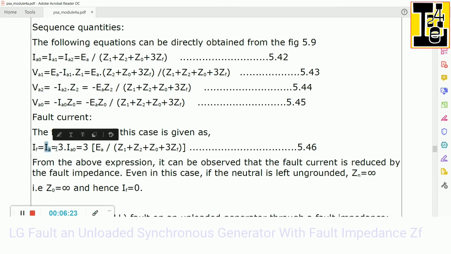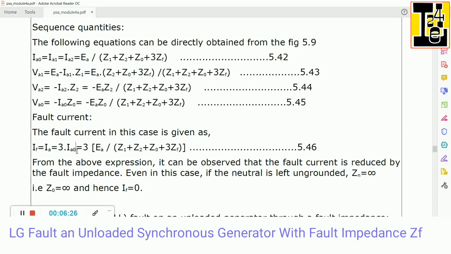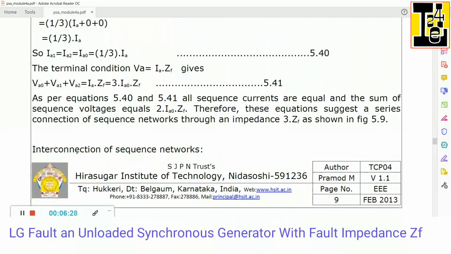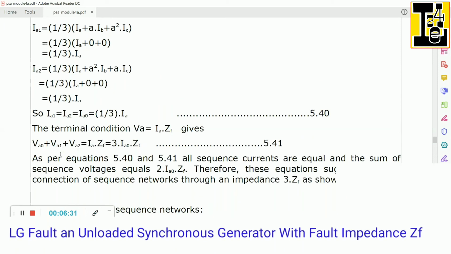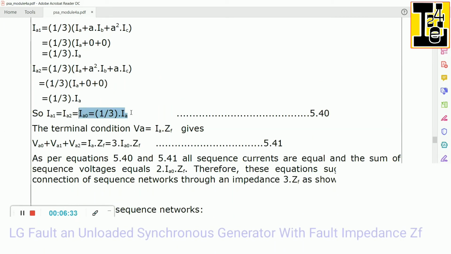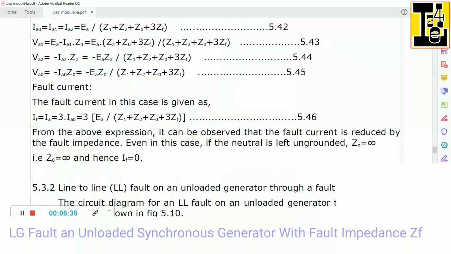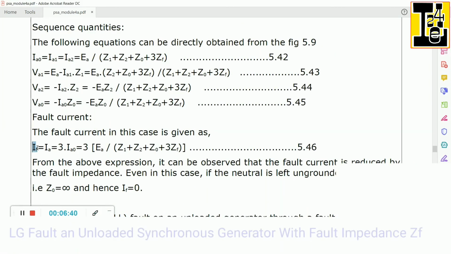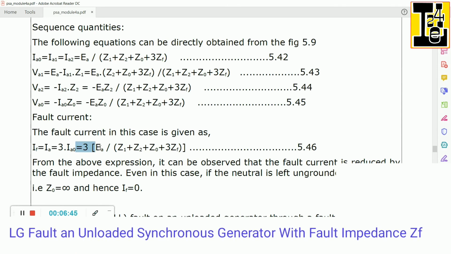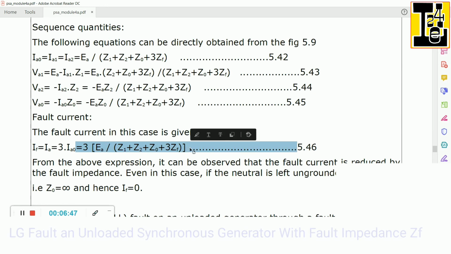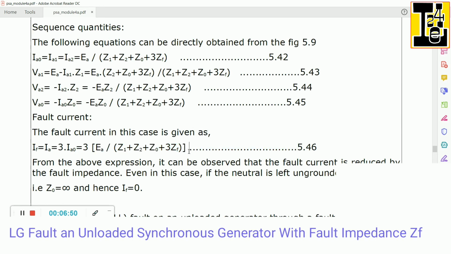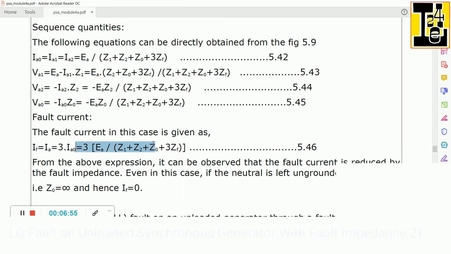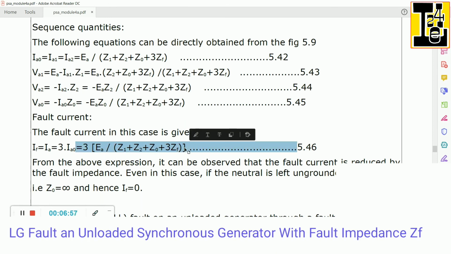But we also know that IA equals 3 IA0 by this expression. So the final expression for IF equals 3 into bracket, after substituting for IA0, EA divided by Z1 plus Z2 plus Z0 plus 3ZF. This is in the presence of neutral impedance Zn.